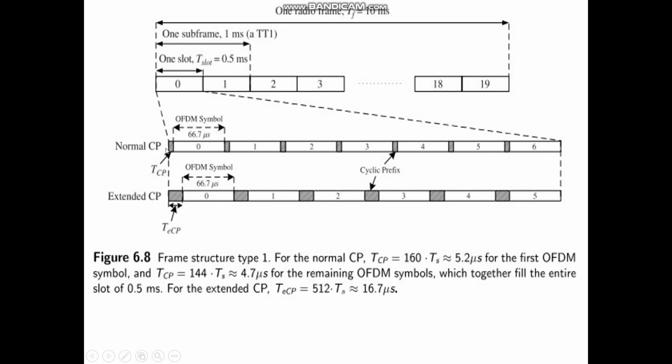And for the normal cyclic prefix, the time duration calculation is like this. For the first OFDM symbol, the cyclic prefix length will be 160 times Ts, which is 5.2 microseconds, and for the subsequent OFDM symbols it will be 144 times Ts, which is 4.7 microseconds, which all together fill the entire slot of 0.5 millisecond.